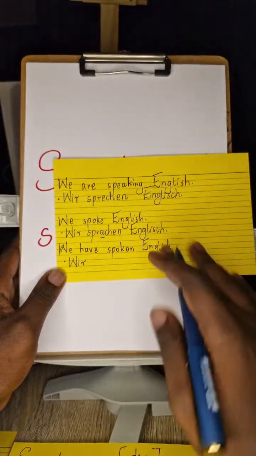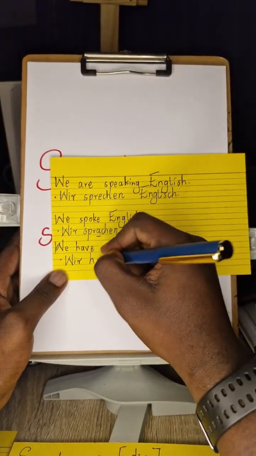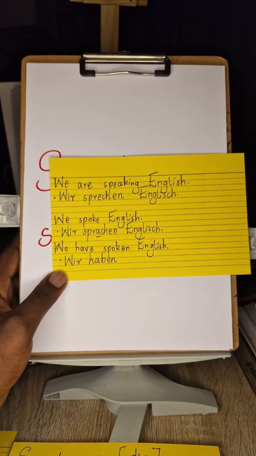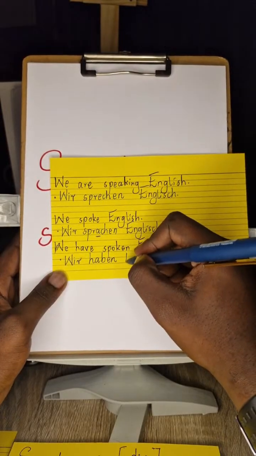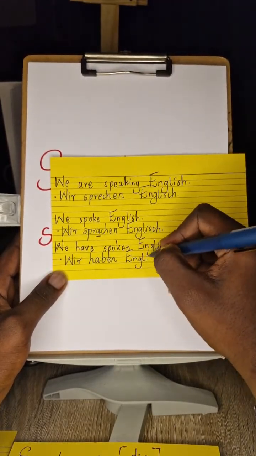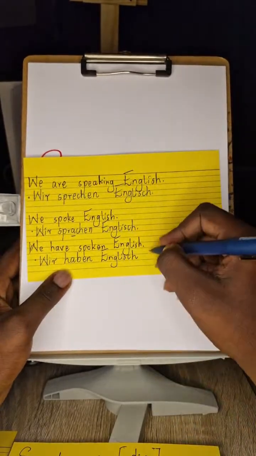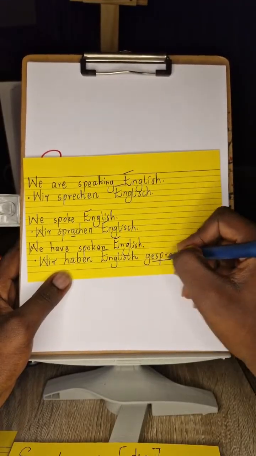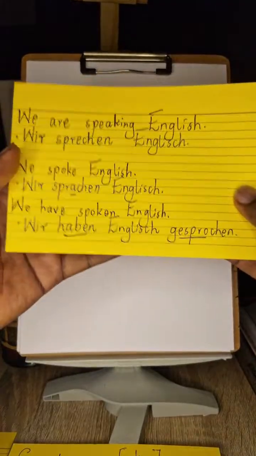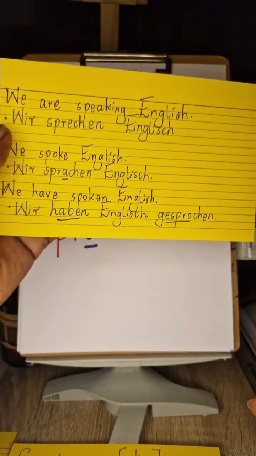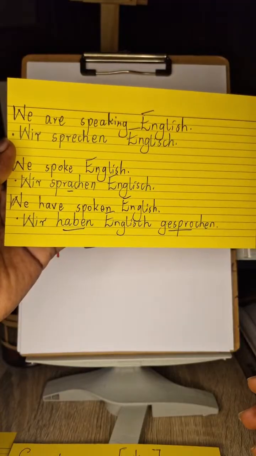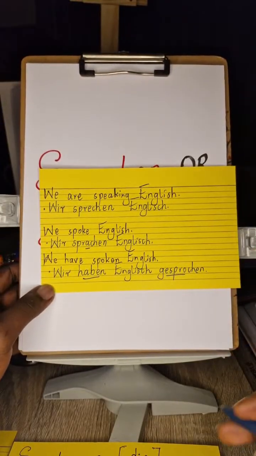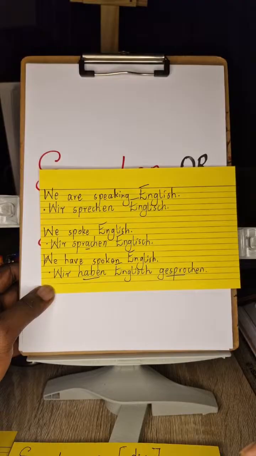Now you would say, wir haben. Now the word order will be different from English. Wir haben English gesprochen. We have spoken English. Okay? So that is how the verb sprechen changes in the present, in the past, and also in the perfect.